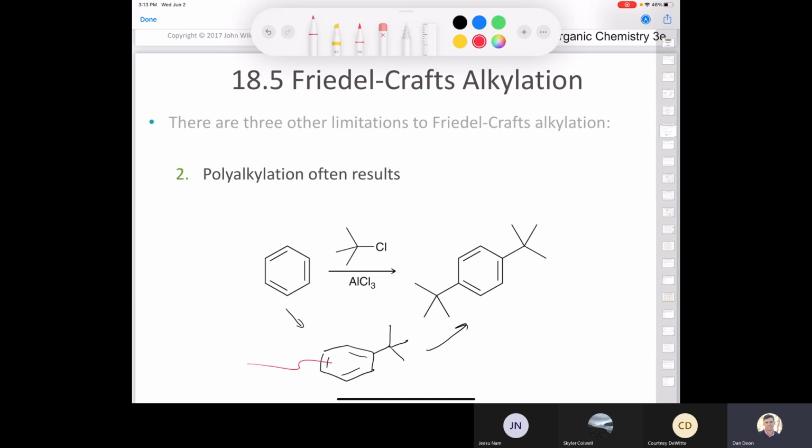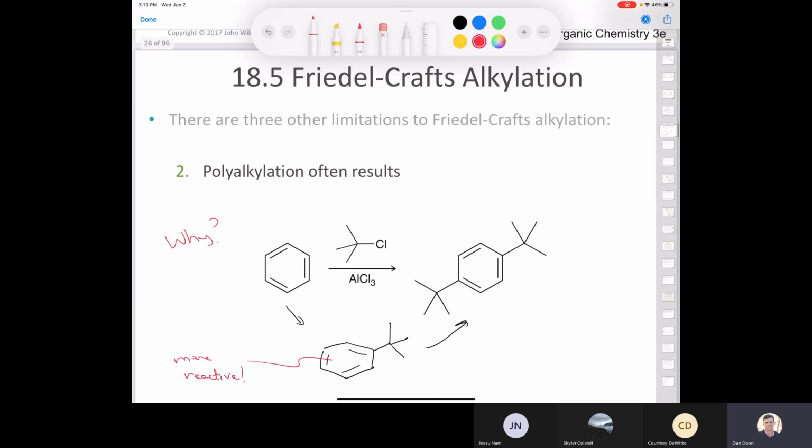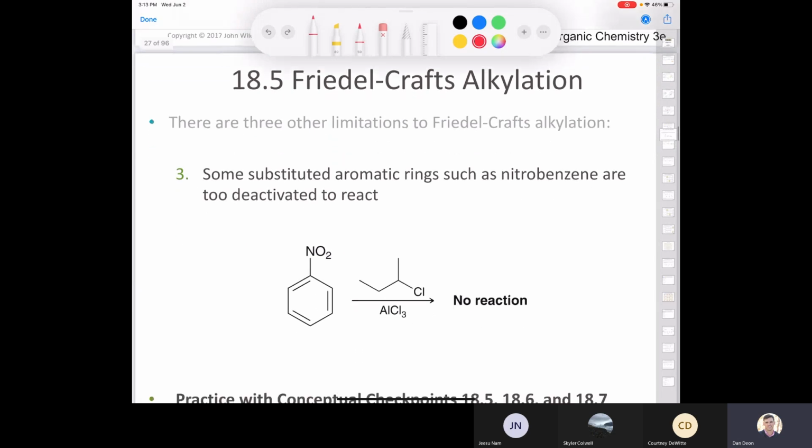So the ring is now even more reactive, and it's like, now that I've got this tert-butyl group, throw me another one. It might not be intuitive, but we're going to look at why. If you're wondering why it gets more reactive, that's a great question, and we will answer that question in detail.